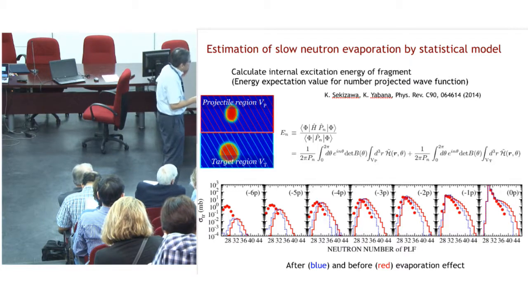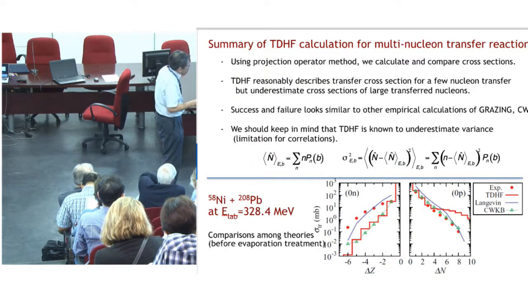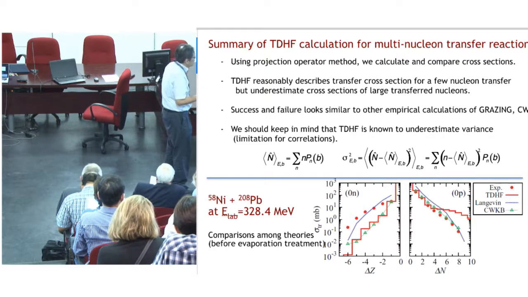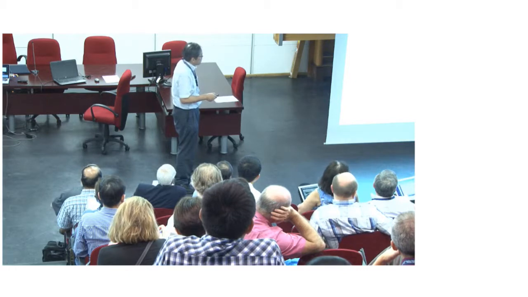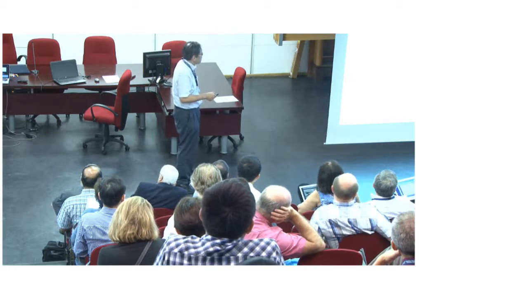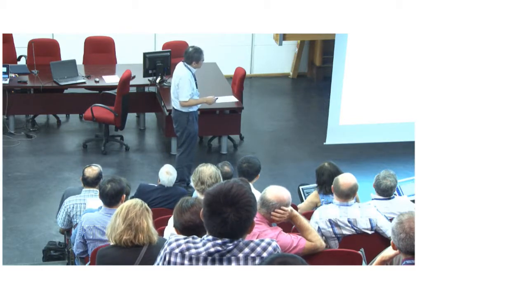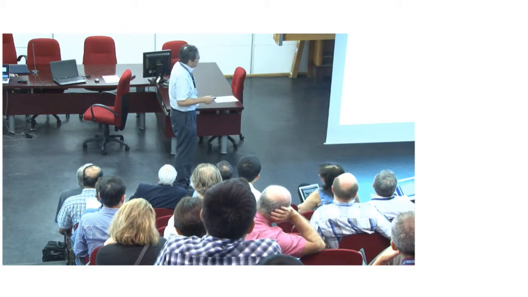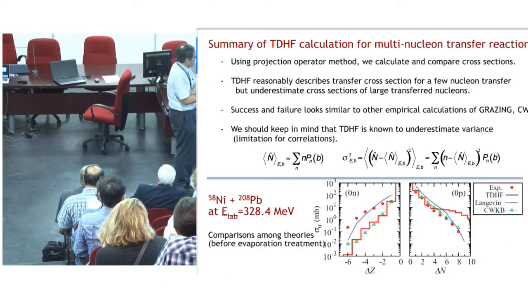So let me summarize this part of my talk, the TDHF calculation for multi-nucleon transfer. Using the projection operator method, we can evaluate the cross-section and compare with the experiment. The TDHF seems to describe reasonably the cross-section for few-nucleon transfer processes, but it underestimates the large number of transferred nucleons.